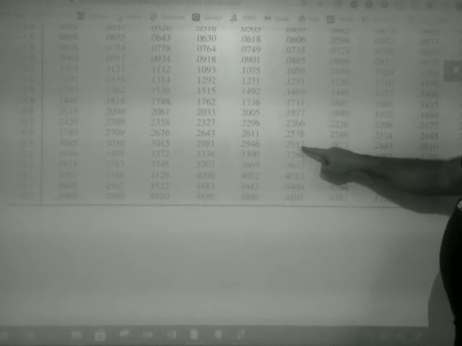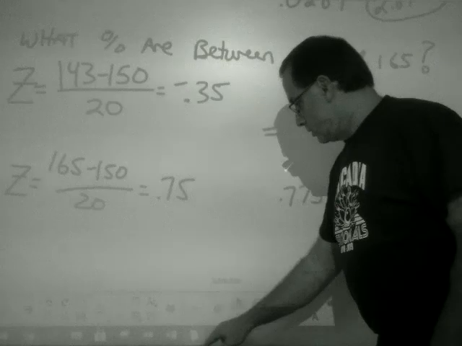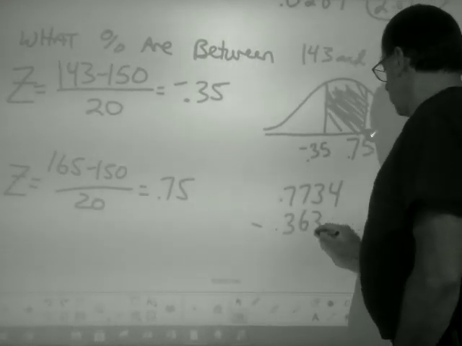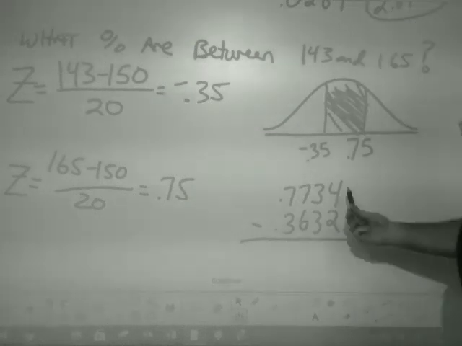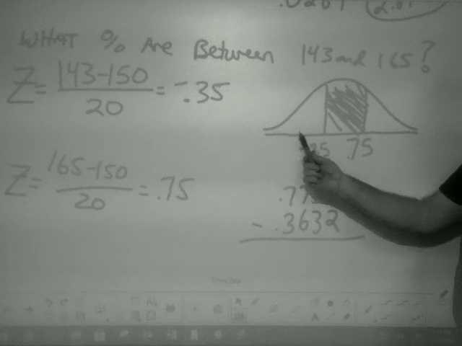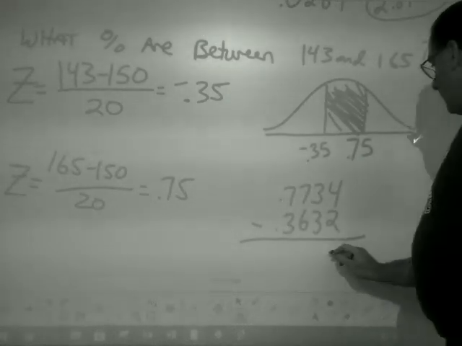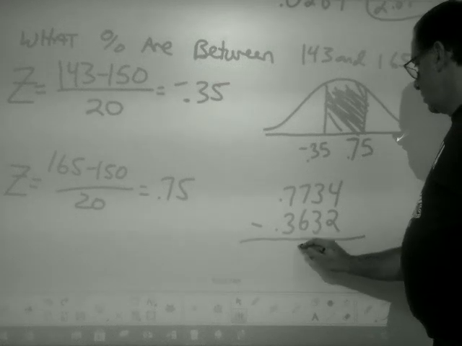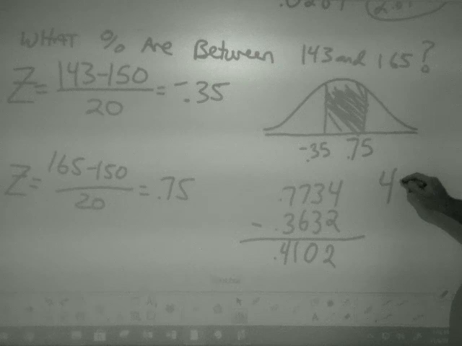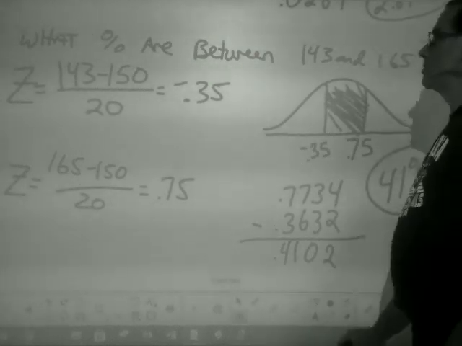And negative 0.35 is 0.3632. So all I do is I take the big 7734, which is from here over, minus, because I'm chopping off, this 0.3632, and I get 0.4102, or approximately 41%. And that is the percent in between.